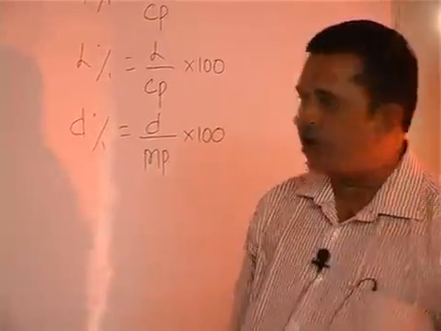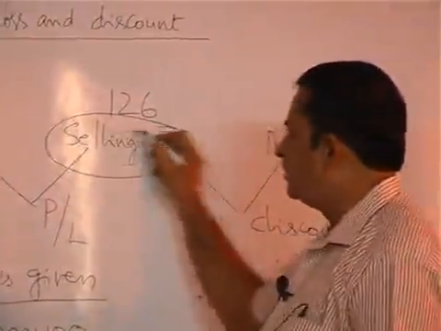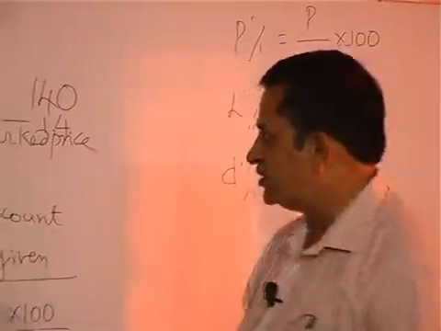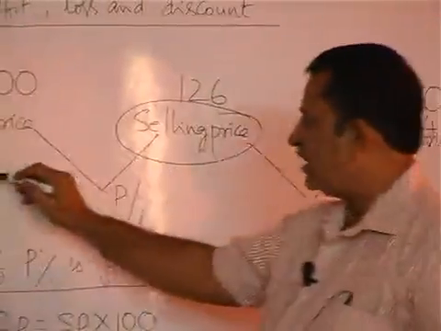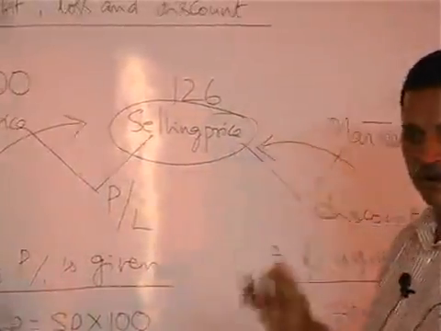And one more formula we get, because selling price is there in the middle between the cost price and market price, is it not? So selling price can either be derived from the cost price or it can also be derived from the market price.